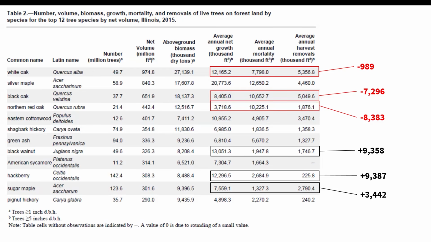So we're seeing a lot more mortality of those naturally due to simply their aging out, whereas the white oaks are much longer lived. If you compare that to other species, so sugar maple, hackberry, and even black walnut, they are net positive. So there's way more annual growth in those species than there are losses.